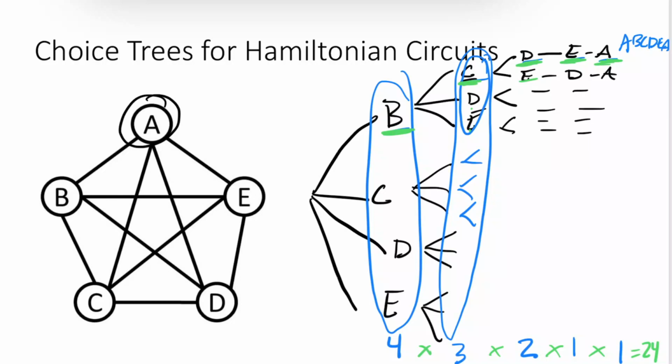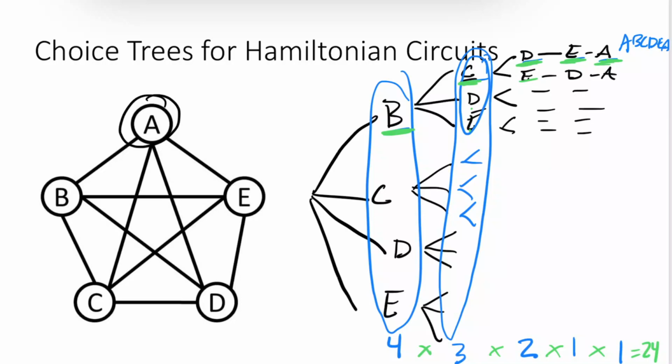However, remember that the choice trees don't distinguish between going forwards around the circuit or going backwards. And so the number of unique circuits that we would have is actually 12, because all of the circuits are going to be double counted. Like it will be counted once going one direction, and then the choice tree will count it again going the opposite direction.